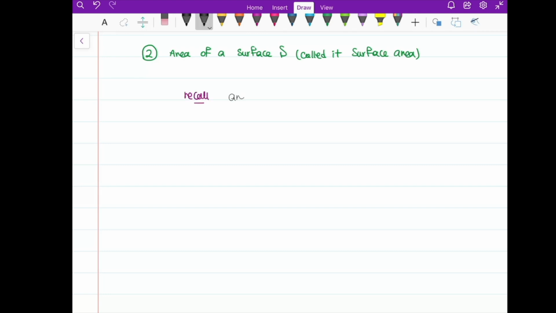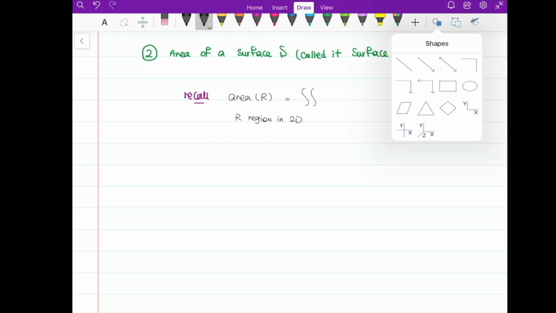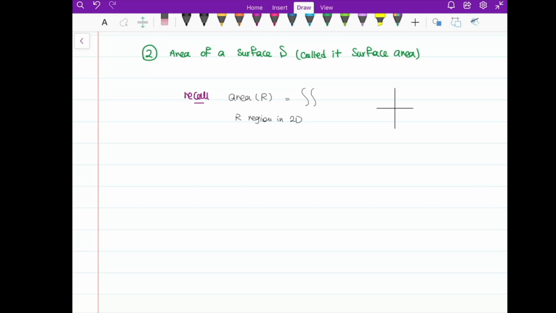When we have a region R in two-dimensional space R2, and we want to find the area of it, so assume that we have the x-axis, y-axis, and a region like this.